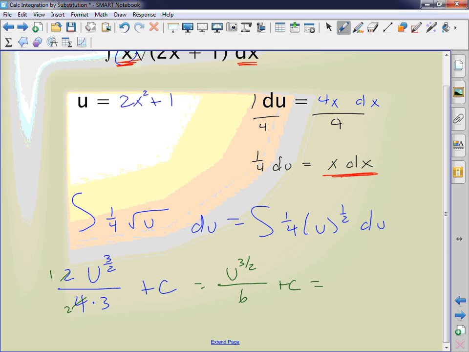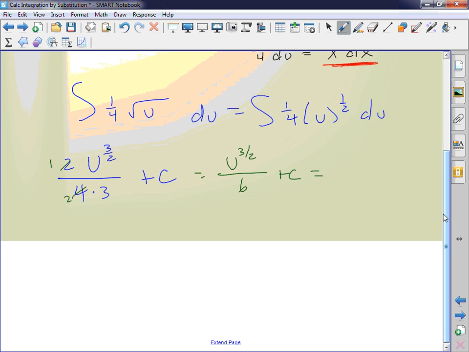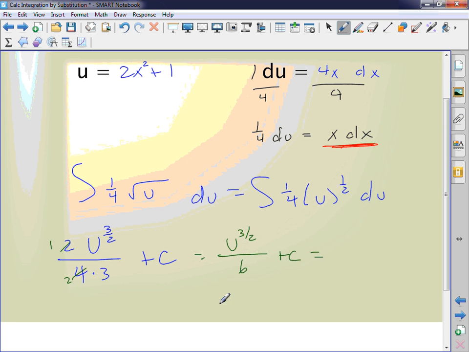And then I just substitute. U means 2x squared plus 1 to the 3/2 all over 6 plus c is my answer. What a half. What half?